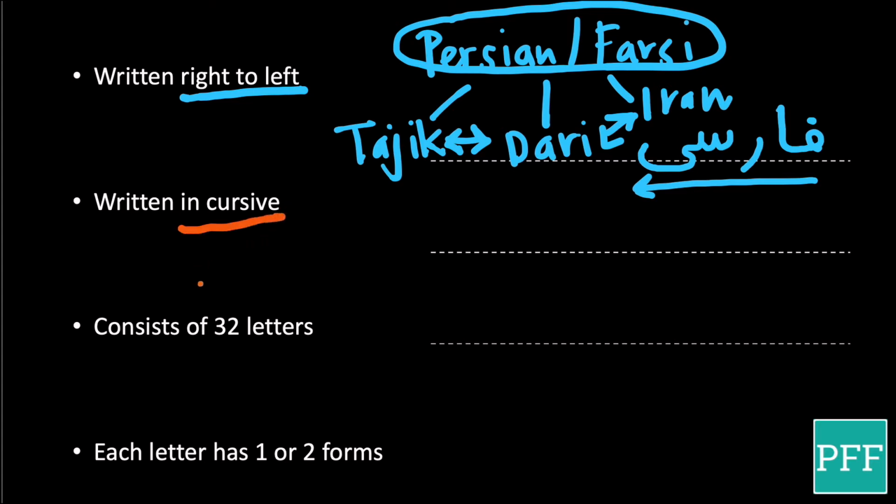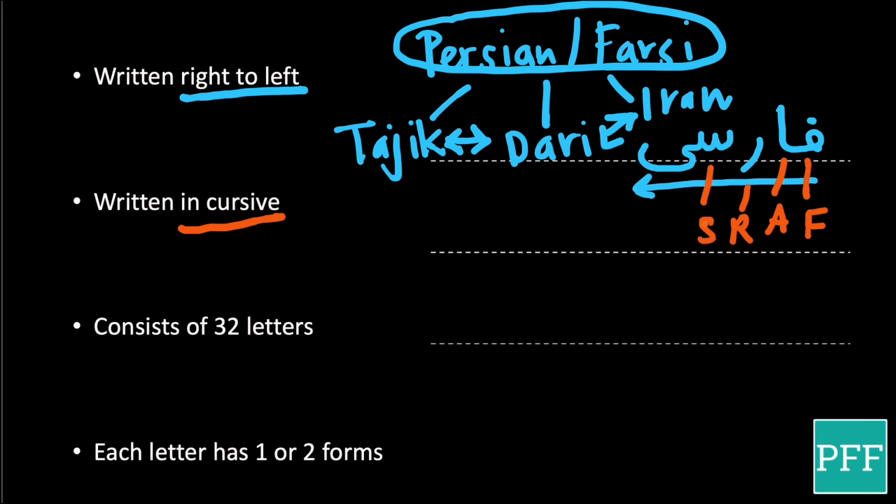And really what this means is that in general, there are some exceptions, but in general, when you're writing, the letters are connected. So just to elaborate with this example of the word Farsi, this first part here gives us the F. This kind of tall shape, which looks like an English L, is the A. This third object is the R. Then we have these three lines that are poking up like this.